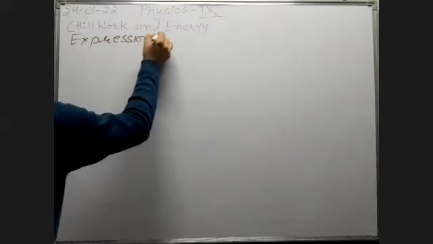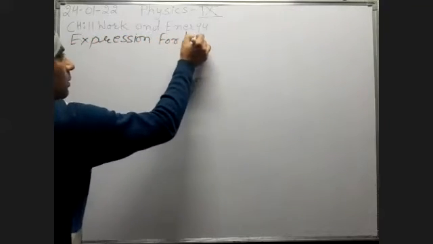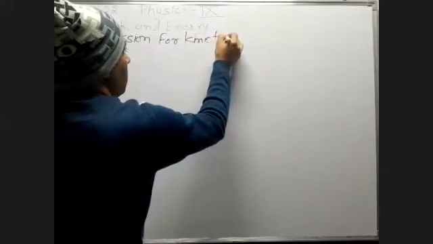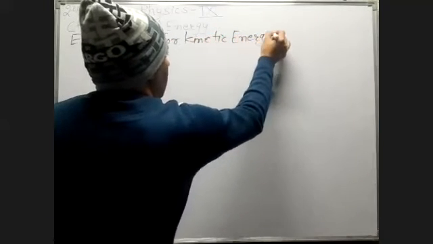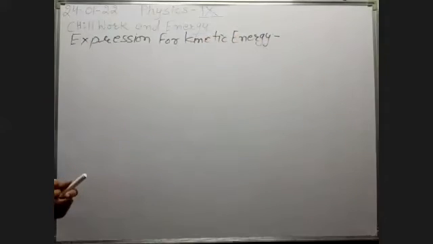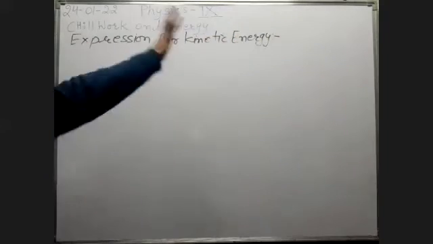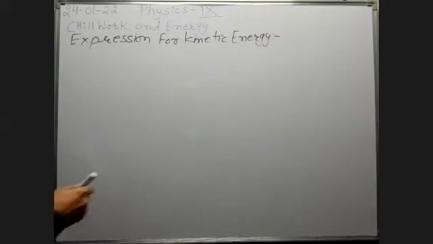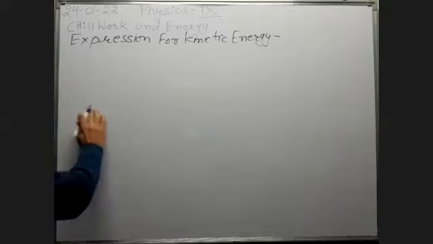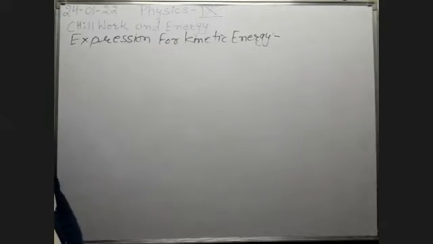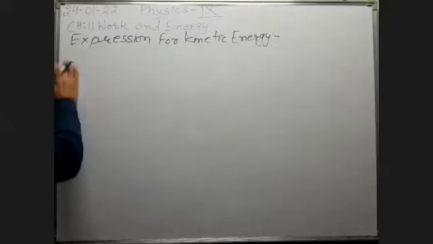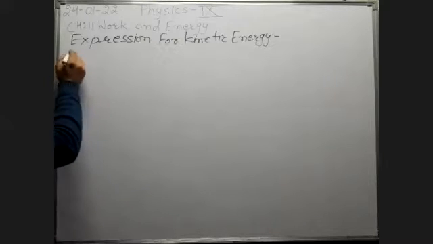Expression for kinetic energy. तो सबसे पहले आप क्या करेंगे? You will define the energy. Energy due to motion of an object is known as kinetic energy. Okay, so let us consider some quantities.